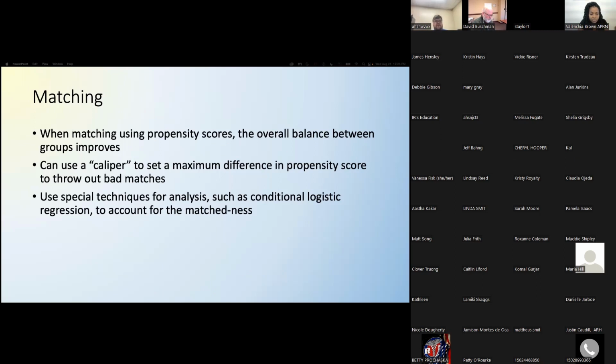When you're matching with propensity scores, the overall balance between the groups will improve. If we looked at a patient characteristics table before matching and after matching, usually you'll see that the proportion of patients with certain risk factors, whatever you decided to match upon, will improve. You can also use a caliper.